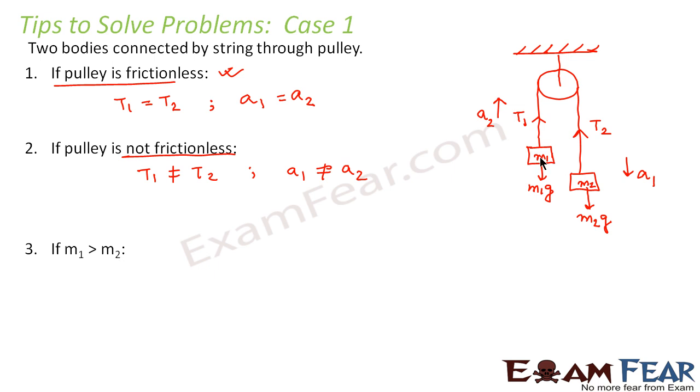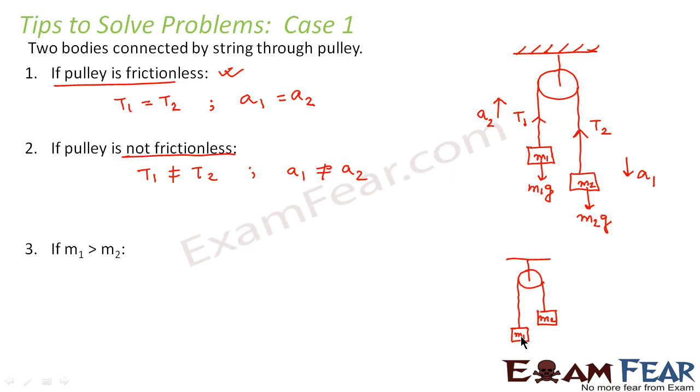Let us take the third case where M1 is greater than M2. Now, if M1 is greater than M2, in that case, how would the figure be? Let us draw the figure separately, then you will get a better understanding. Let us suppose M1 is greater than M2. In that case, this force, that means this M1G will be greater, since M1 is heavier, so it will have a tendency to come downward because the mass is more.